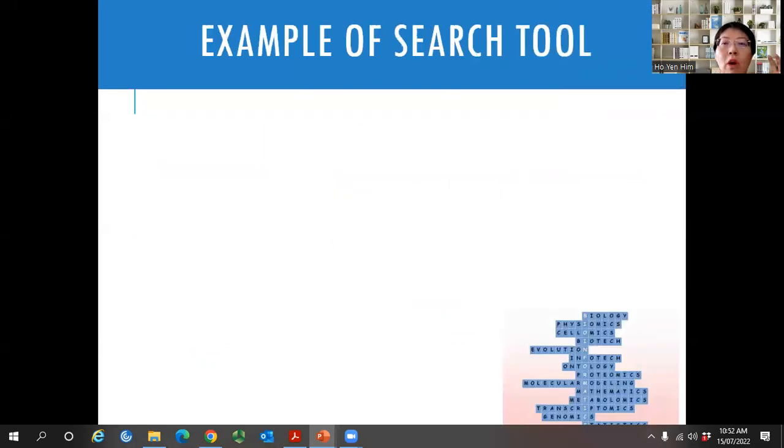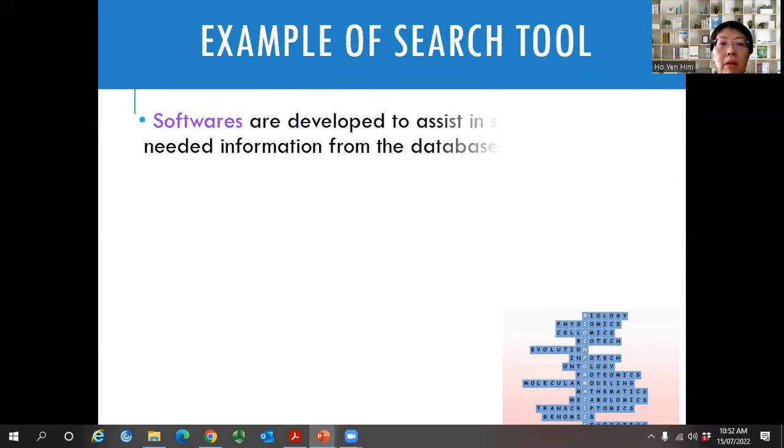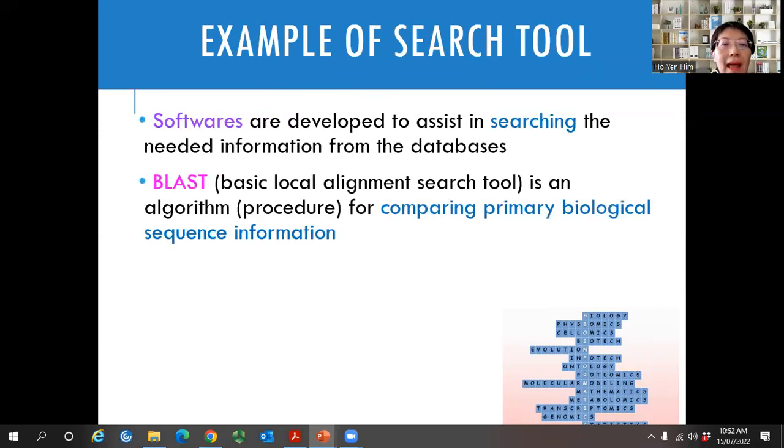Then example of search tool so that you can go and access this database and search out the information that you want. Just like Google, you key in a keyword, they try to search in their database and present to you, oh, these are the information that matches your keywords that's available in my database. So this is search tool or search engine that's available. Example, BLAST.